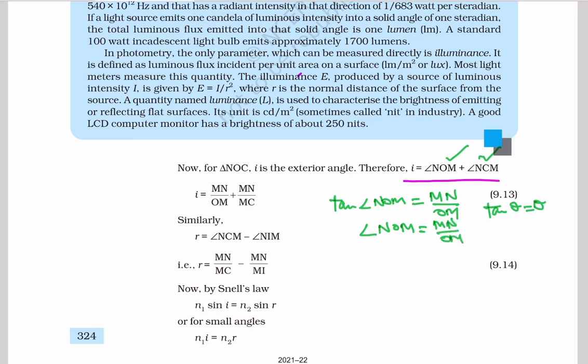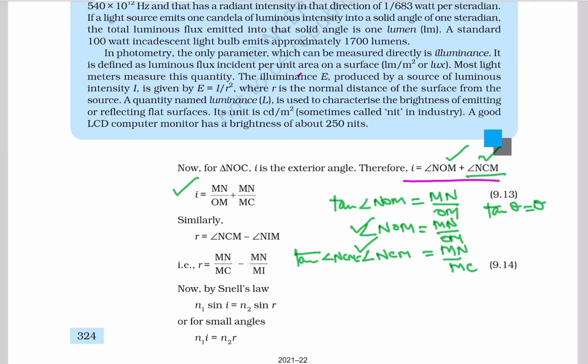Similarly, tan of angle NCM is equal to angle NCM, which is MN by MC. So using these two relations, we have I is equal to MN by OM plus MN by MC.